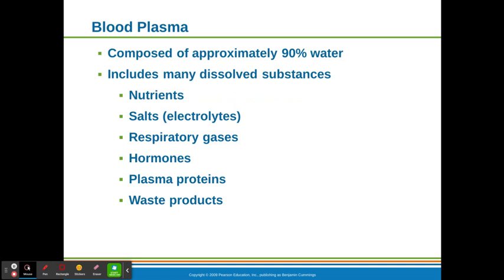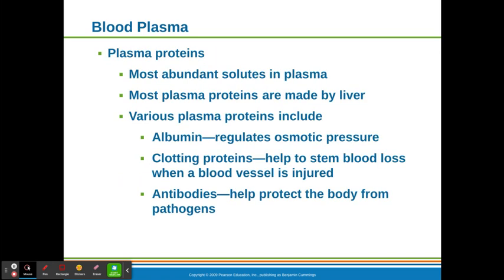So let's talk about plasma now. It's approximately 90% water. Again, we saw in figure 10.2, it carries nutrients, salts, respiratory gases, hormones, plasma proteins, waste products, all the stuff that we needed to transport in our blood, we classify within the plasma. Plasma proteins are the most abundant solutes, or particles that are dissolved in there.